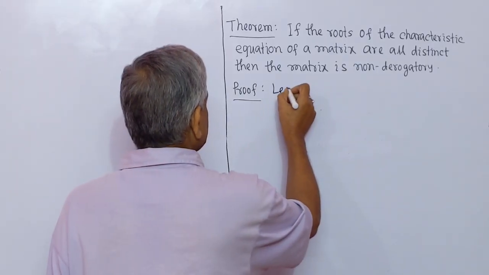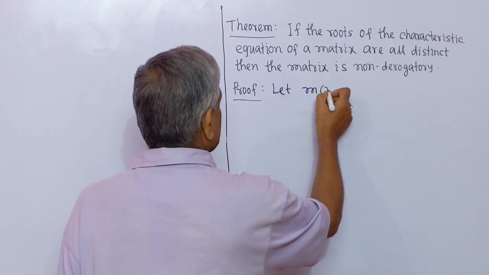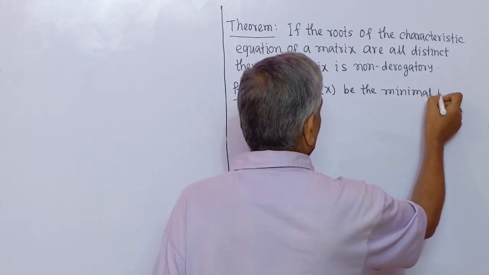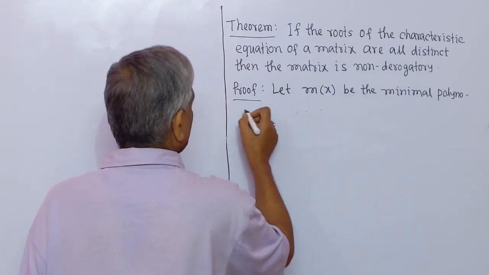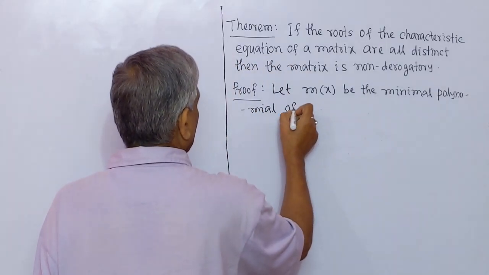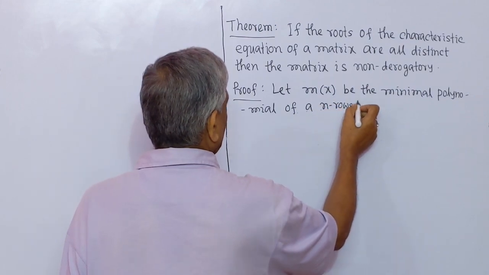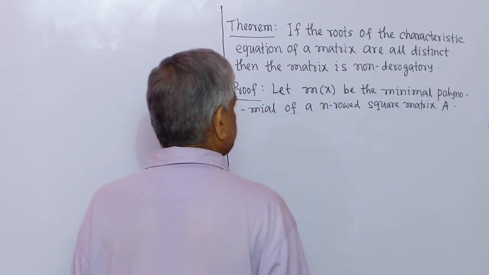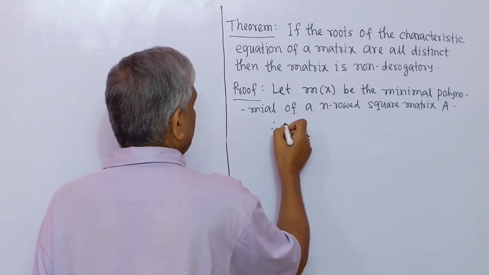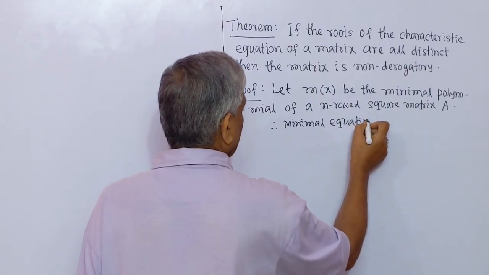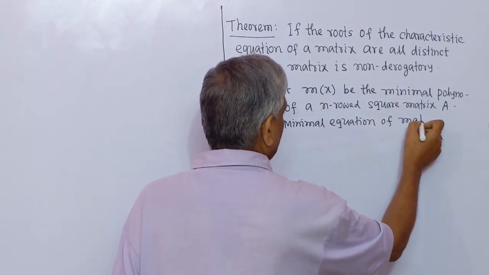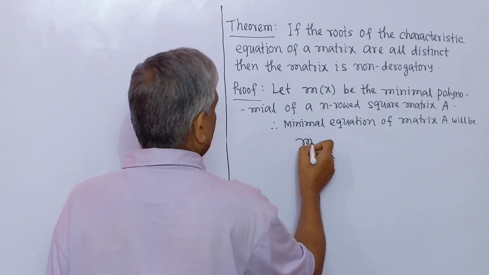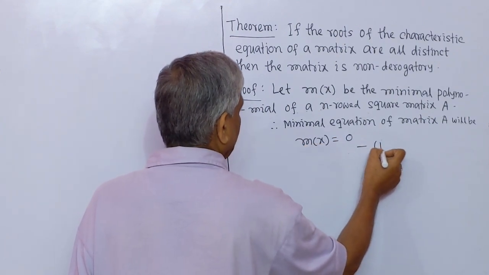Let m(x) be the minimal polynomial of an n-rowed square matrix A. Therefore, minimal equation of matrix A will be m(x) equal to 0. This is number 1.